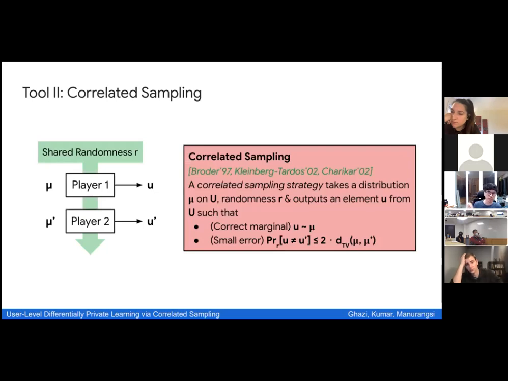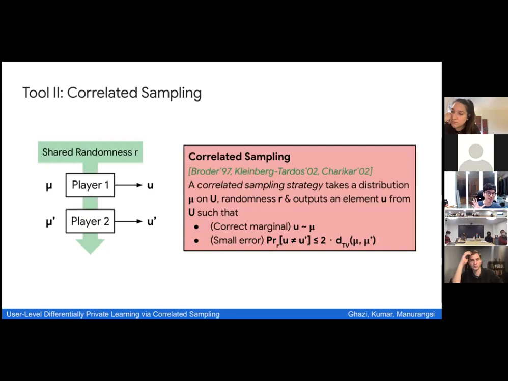Specifically, the probability over the shared randomness that they disagree is at most order of the total variation distance of the two distributions. So the closer the two distributions are, the smaller this error is. Again, in this talk, we are not gonna open this up.